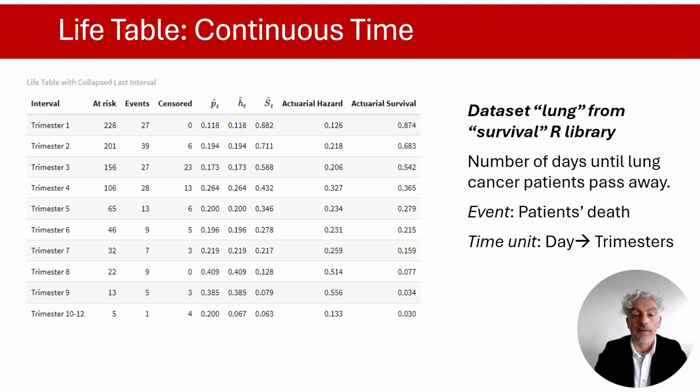actuarial hazard and survival estimates, which are calculated in a similar way as the hazard and survival function estimates, with the difference that the actuarial estimates introduce some correction that reflects the assumption that all events and censoring are distributed equally throughout the time intervals of interest. So this is analogous to assuming that events and censoring take place at random during the intervals of interest.